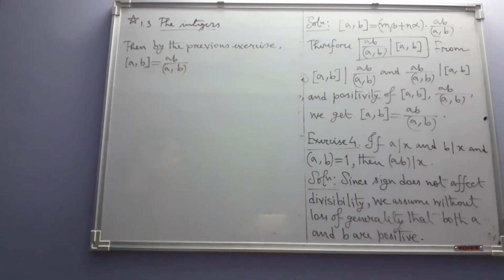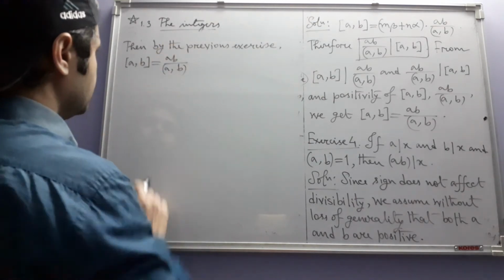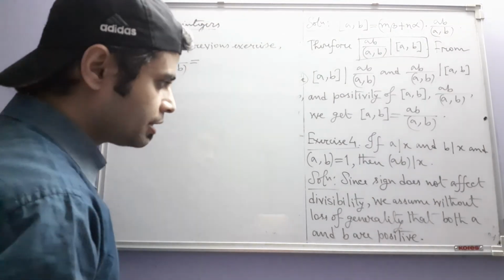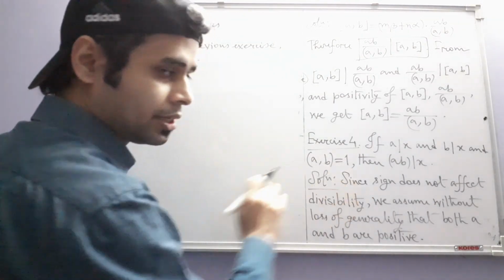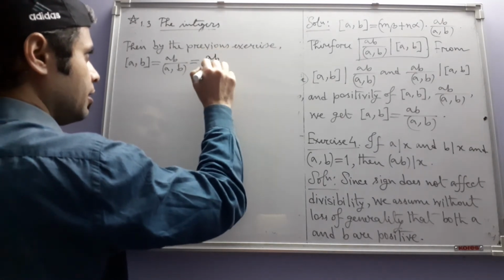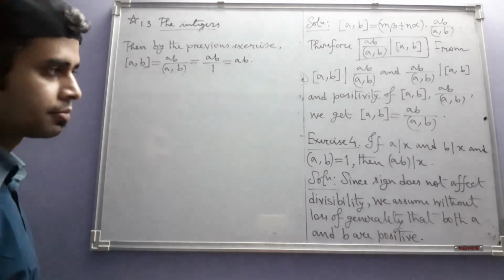Otherwise, this will not be true. Okay, so we have this. However, it is given that A and B are relatively prime, so this is equal to AB divided by 1, which is AB.